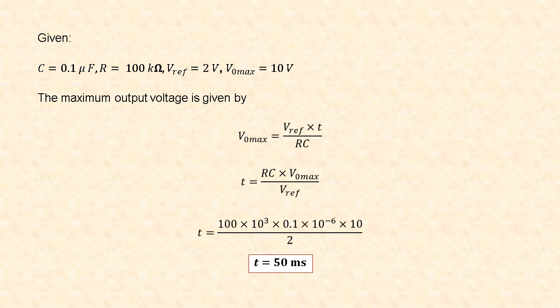Substituting R as 100 into 10 to the power 3, capacitance is equal to 0.1 into 10 to the power minus 6, and V0 max is equal to 10 and V reference is equal to 2, we have the time is equal to 50 millisecond. That is, the value of maximum time the reference voltage can be integrated is 50 millisecond.